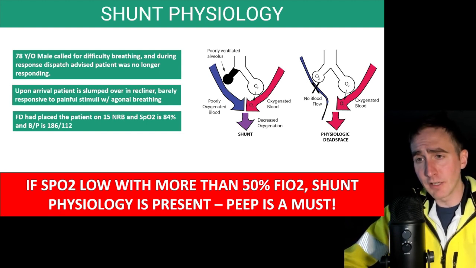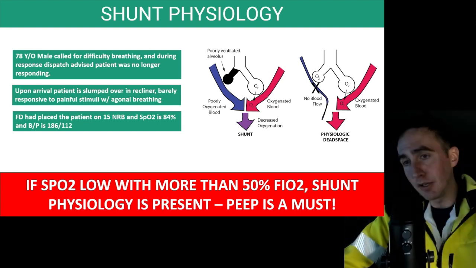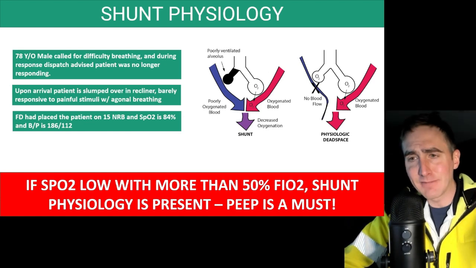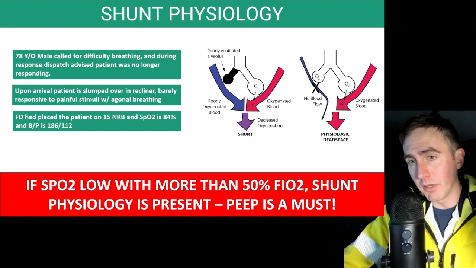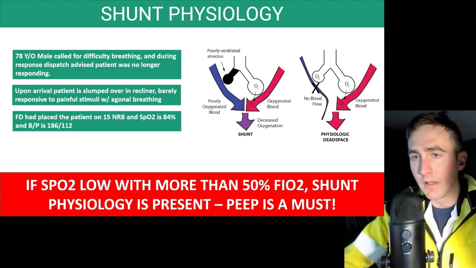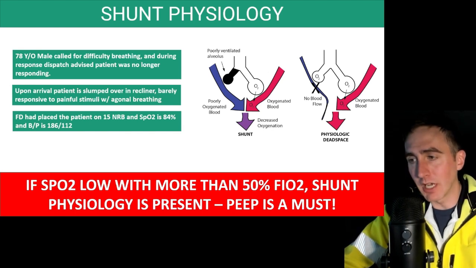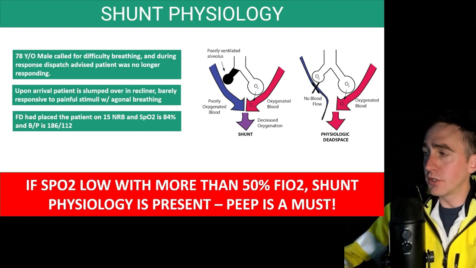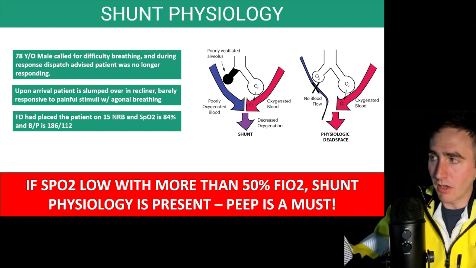Now, if you're trying to ventilate or oxygenate a patient and you're only able to get the SpO2 up, let's say you throw a non-rebreather on at 15, 25 liters a minute, and the SpO2 is still only coming up to the 70s, that patient, by definition, has some type of shunt physiology. That is where oxygen is getting to some of the alveoli but not the others.